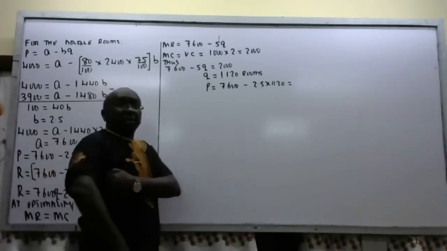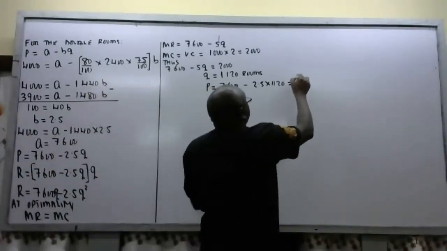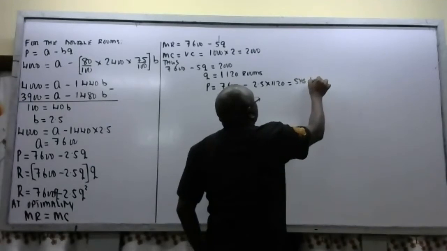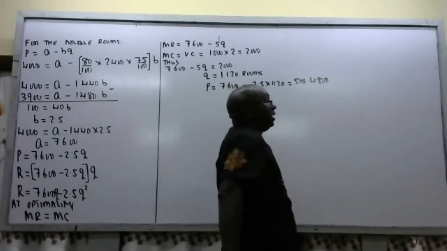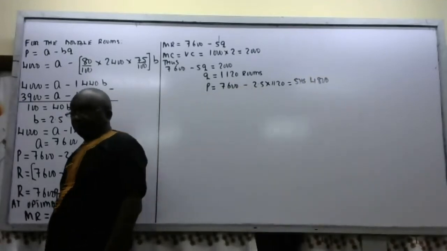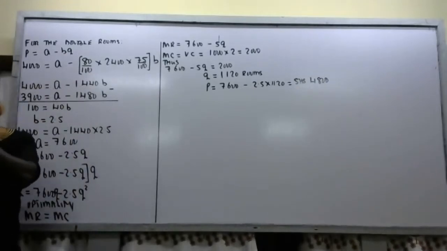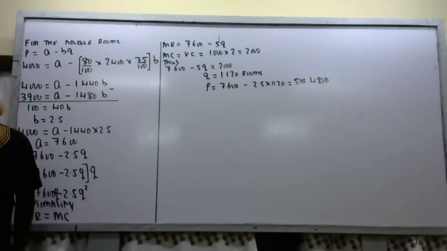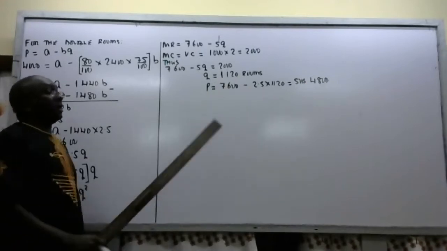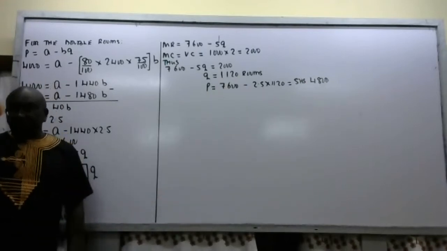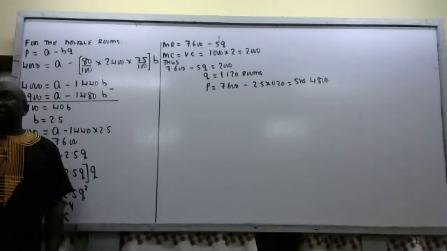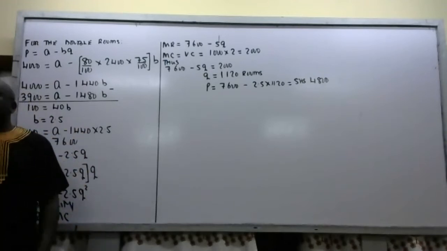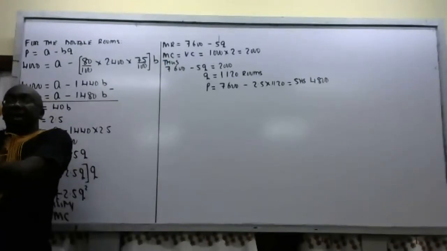I'm getting 4,800 shillings. So the question was asking us to get the price that will maximize the profits. That is the price that will maximize the profits in that company.